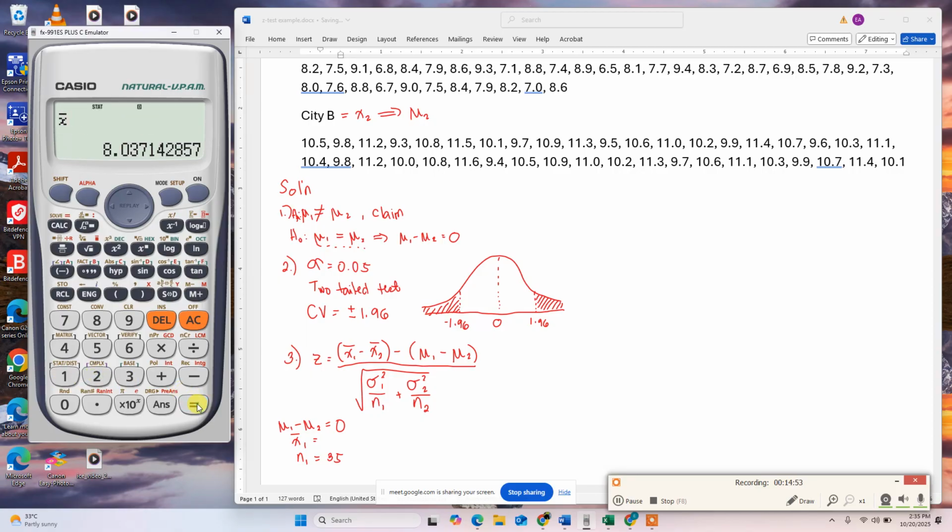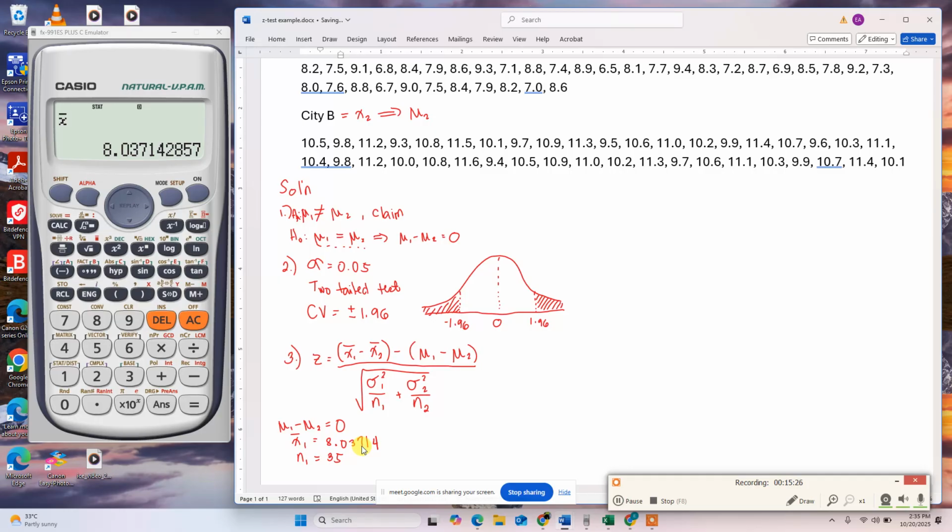For this case, we are going to have 5 digits, rounded off to 5 digits. So you have 8.03714. For those whose calculators have a different interface from the calculator on my screen, you press shift, then on the number keypad look for var.